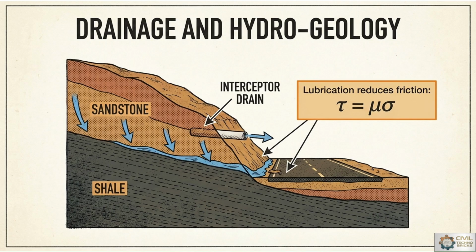Also we can provide an interceptor drain, so that the whole seepage water is collected and transferred through artificial drains. So hydrogeological parameters also play an impact role, or environmental conditions play an impact on the life of the roadway.